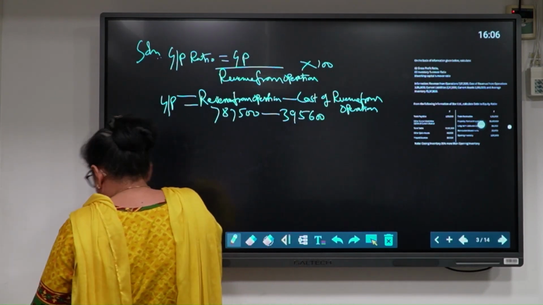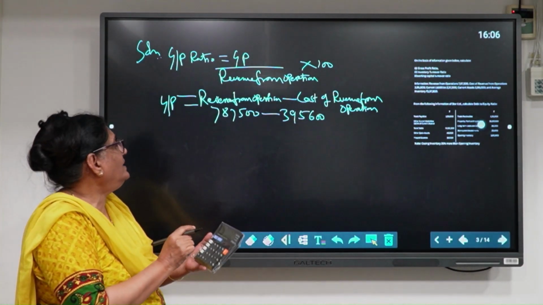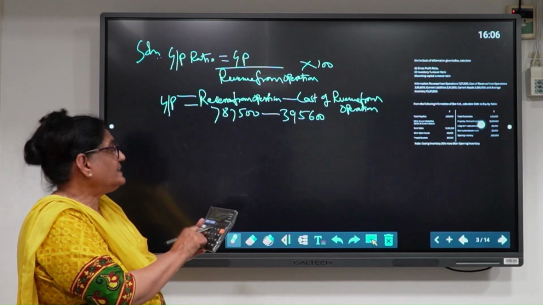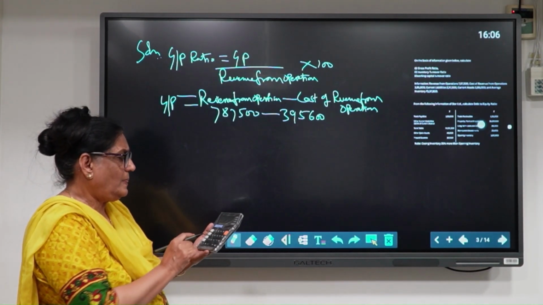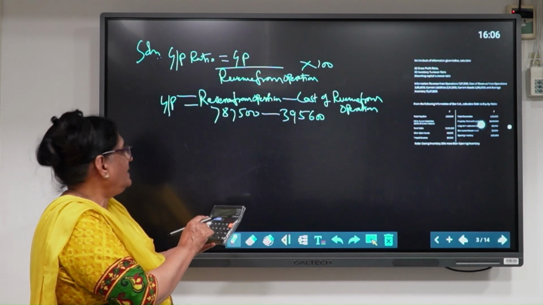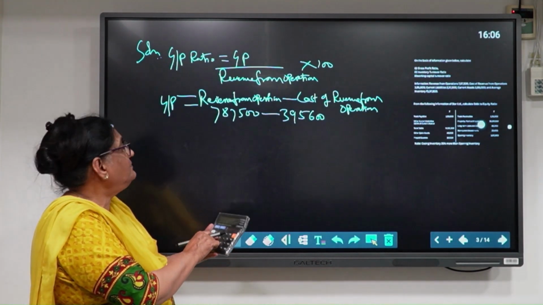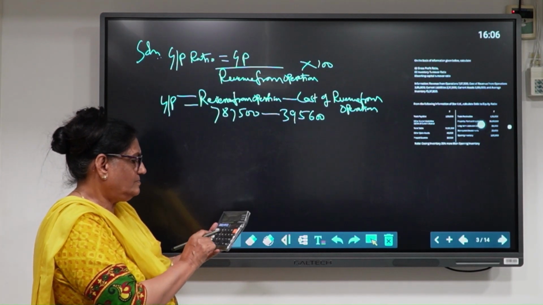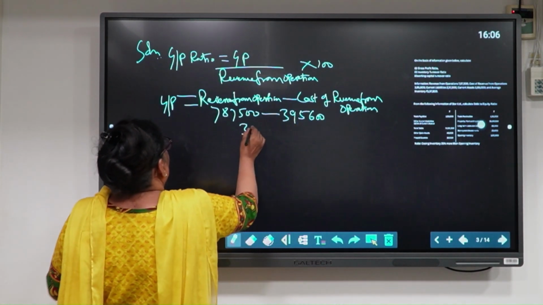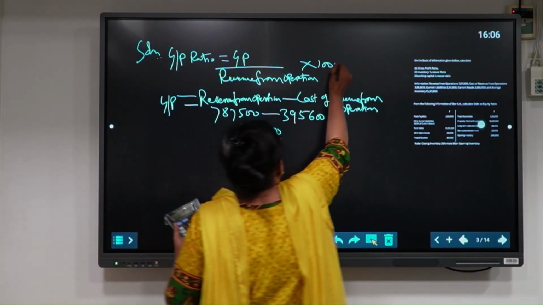How much is the gross profit? Take the calculator. 7,87,500 minus 3,95,600. How much do you get? 3 lakhs. Gross profit is 3,91,900.